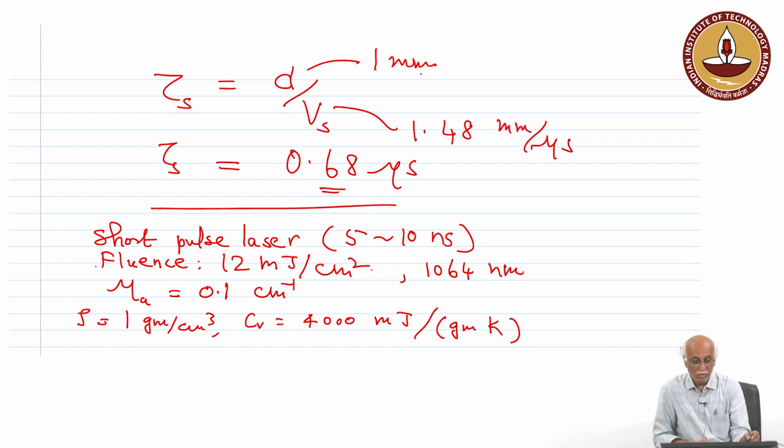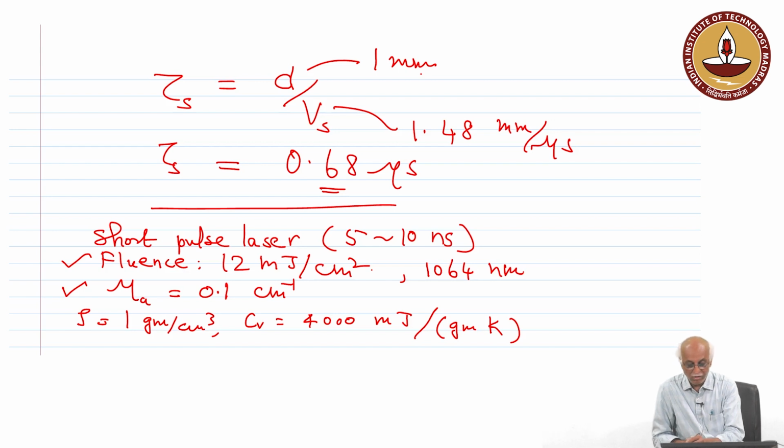We know the fluence and mu A, the absorption coefficient, which will give us the amount of energy absorbed by the tissue sample, and as I told you, mass into specific heat into temperature difference is equated to that energy absorbed.